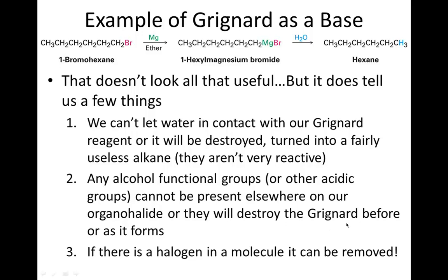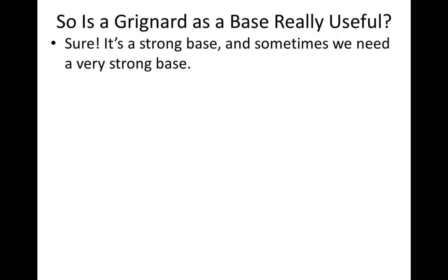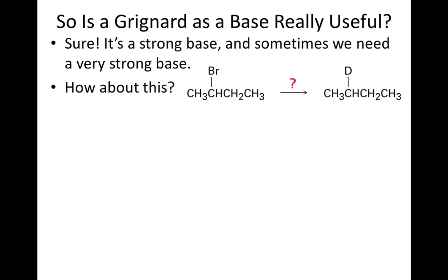If you're trying to do a Grignard that does something other than just be a base, you have to make sure no such things are present. And lastly, if for some reason we needed to get a halogen out of the molecule, then of course we can use this. So it's a strong base. Sometimes you want a really strong base. So here's something else that you might consider.